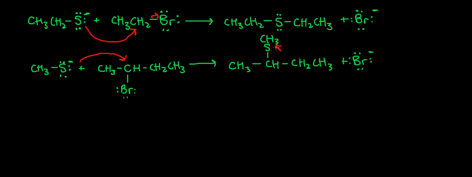With sulfur, you have a couple of shells of electrons before you get to the p orbital that these electrons are in. Those inner orbitals cause a shielding effect on the outer electrons. They're not held onto quite as tightly.